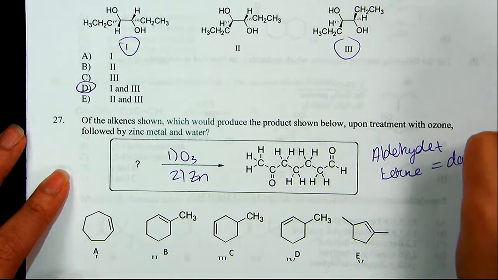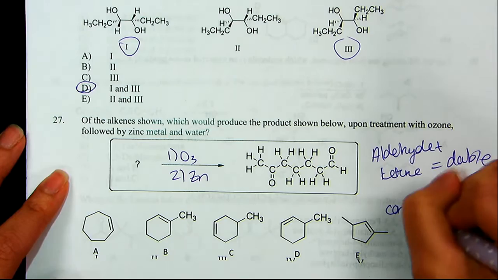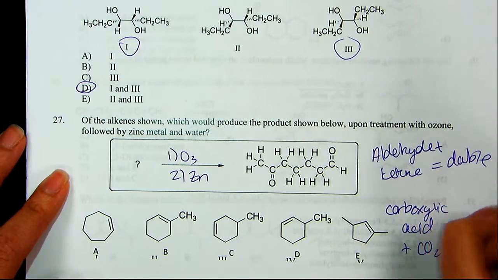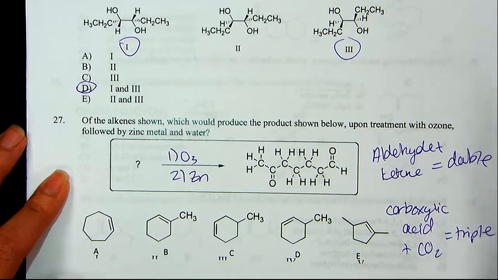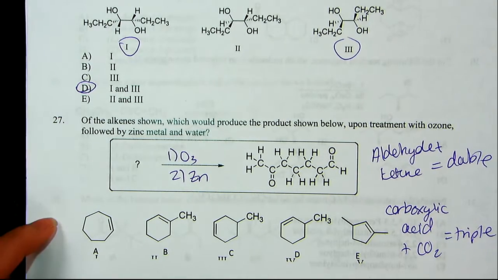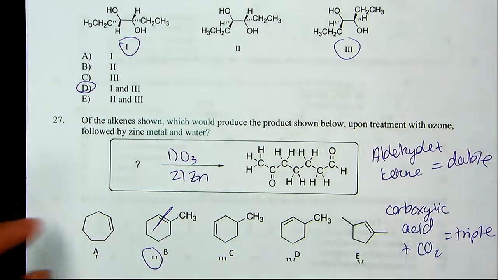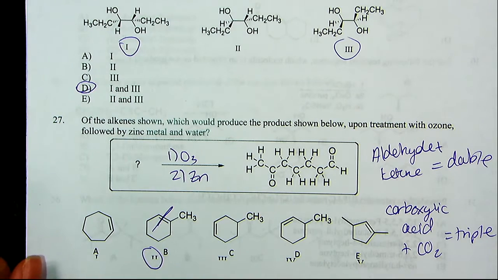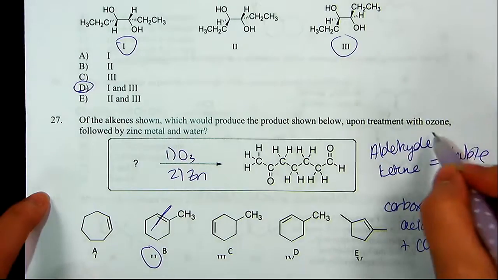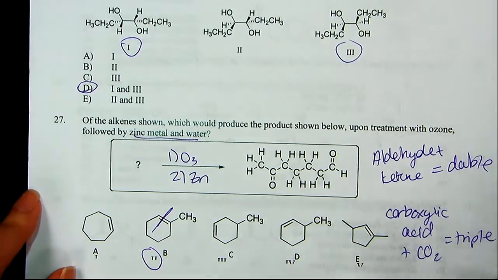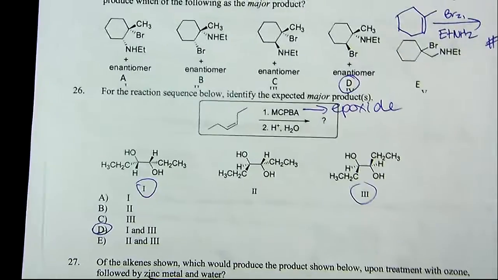If it were a carboxylic acid and carbon dioxide, it would be a triple bond. So you need a double bond somewhere. So it should be B, when you cleave it, you should get the right cleaving. The rest of these are not going to give the same structure as that final product. The reagents to remember are ozone, then zinc and water. So zinc is used for the reductive workup.